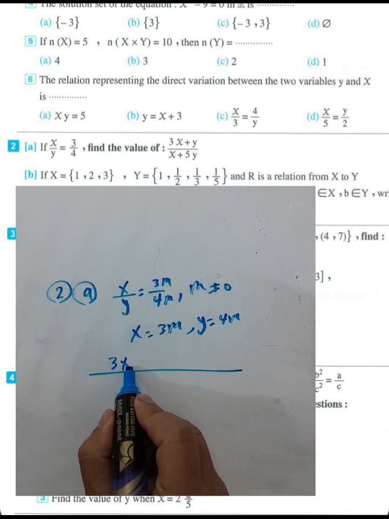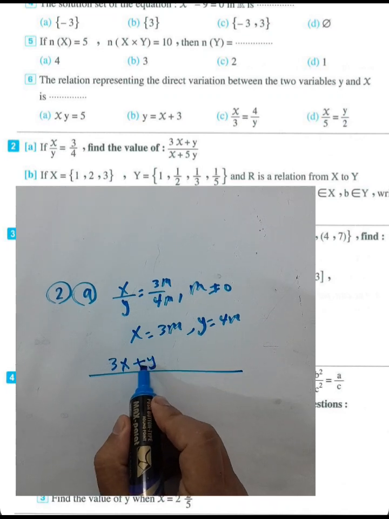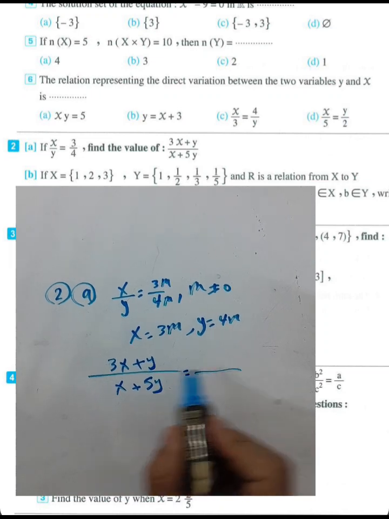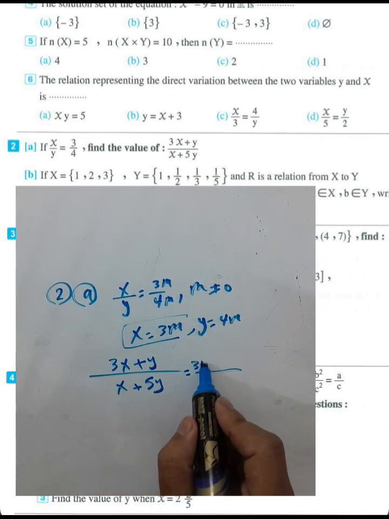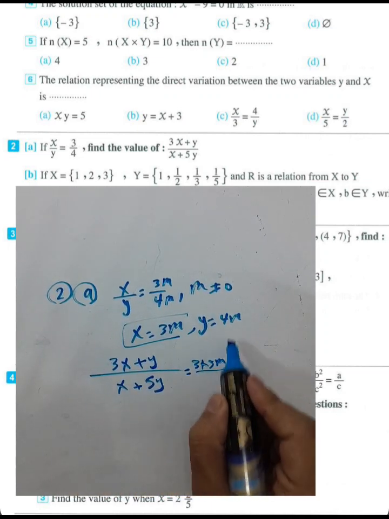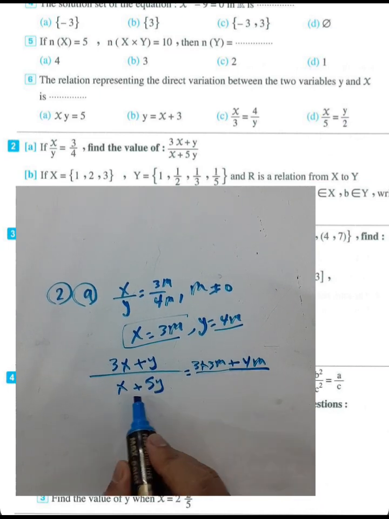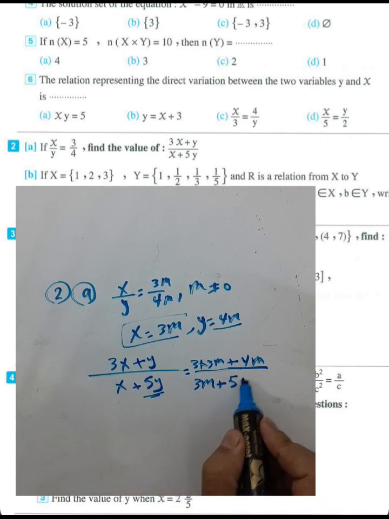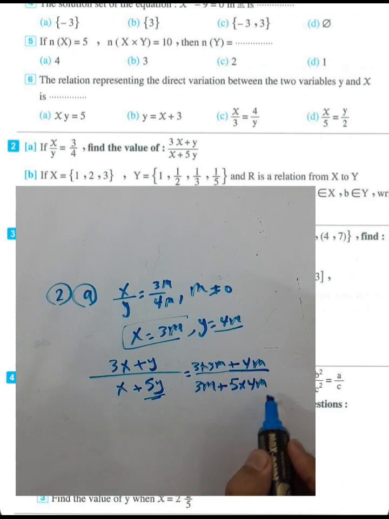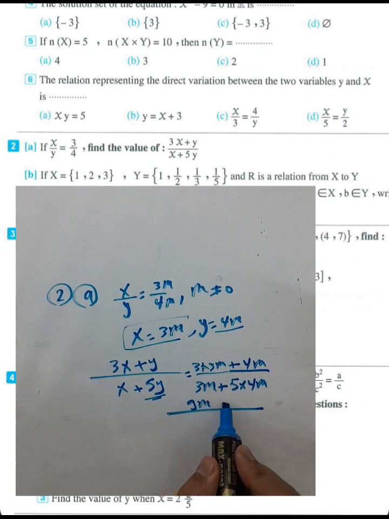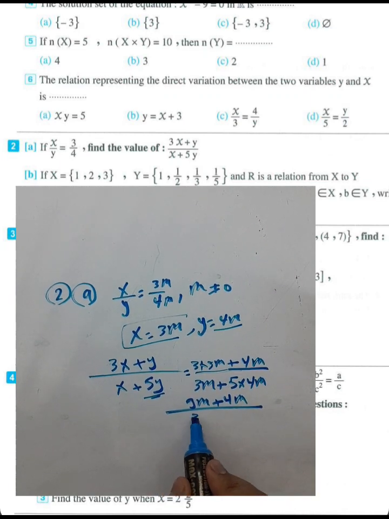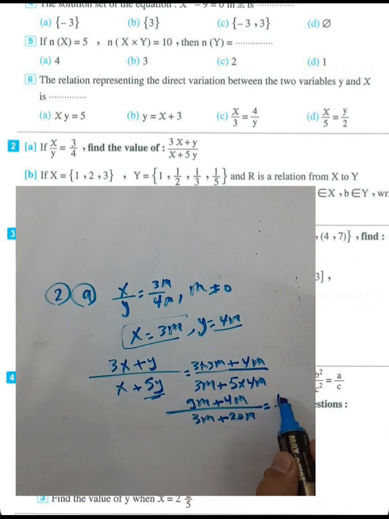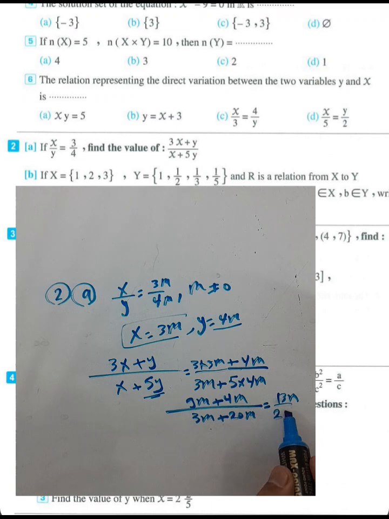We want to find the result of 3x plus y over x plus 5y. 3 times 3m plus 4m over 3m plus 5 times 4m. 3 times 3 equals 9, plus 4 gives 13m. 3 plus 20 equals 23m.